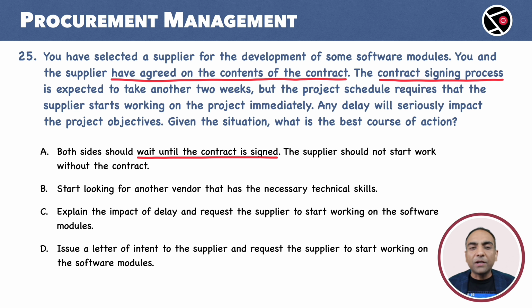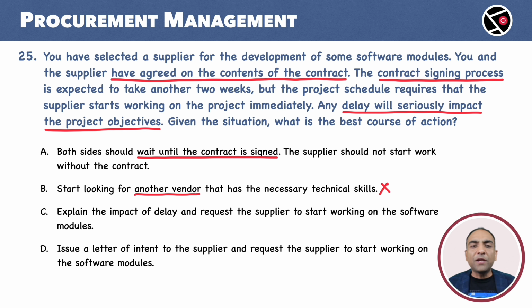But remember, the current delay is likely to seriously impact the project objectives. Let us review other options and see if we have a better choice. B. Start looking for another vendor that has the necessary technical skills. No, this is definitely incorrect. This will further delay the start. We reject this option.